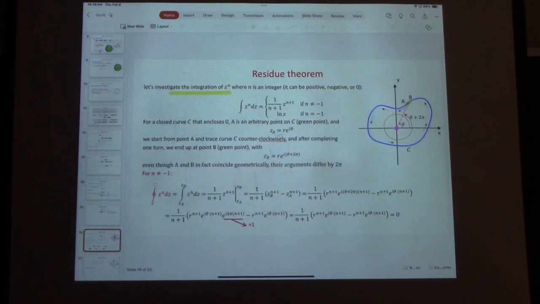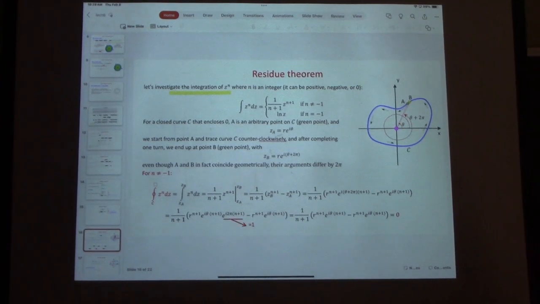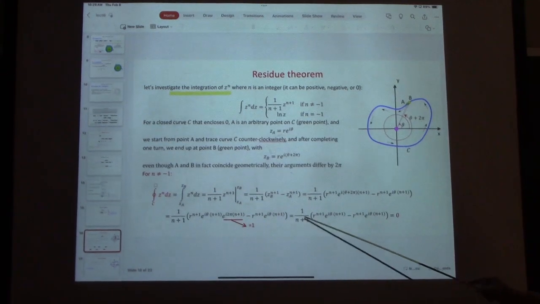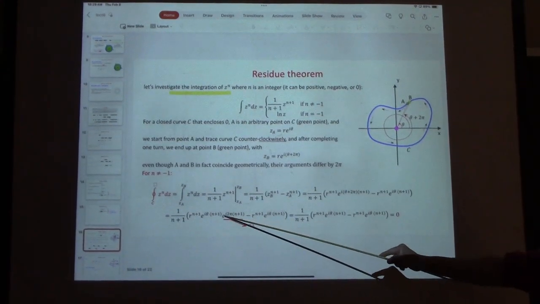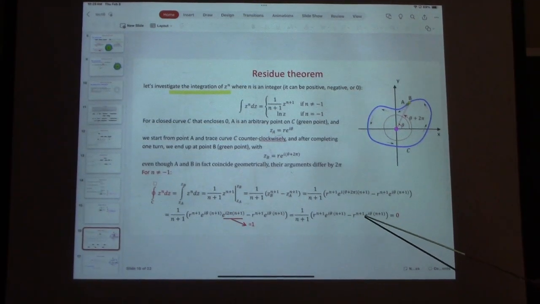An integer times 2 pi is a full turn, so it just gives us 1. So this is 1 all the time, and at the end, this is exactly equal to that.